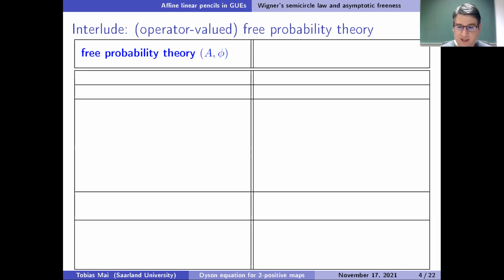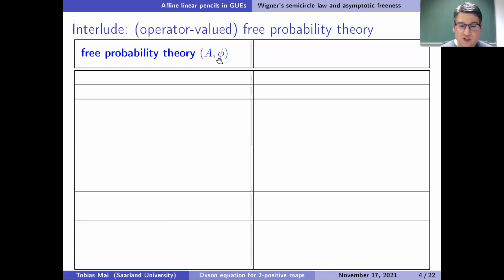So free probability, as probably some of you know, is a highly non-commutative analog of classical probability theory, where the underlying object is a non-commutative probability space.